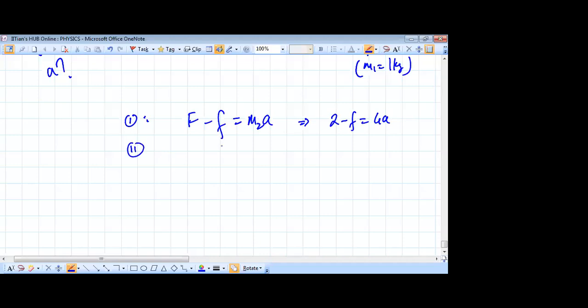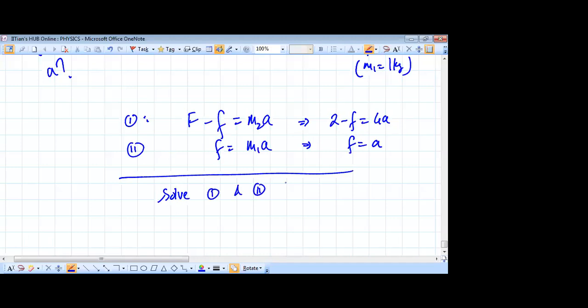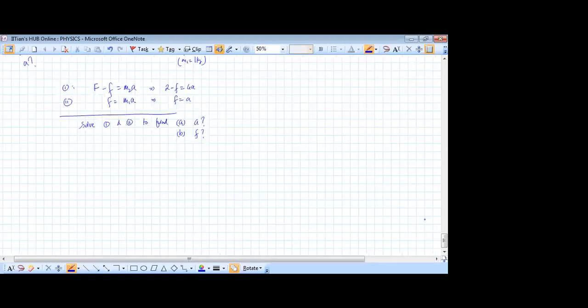And our second equation just now is that friction should be equal to a. Now solve these two to find, first of all, the acceleration a, and then also to find out how much friction is active. So this will become the complete solution.